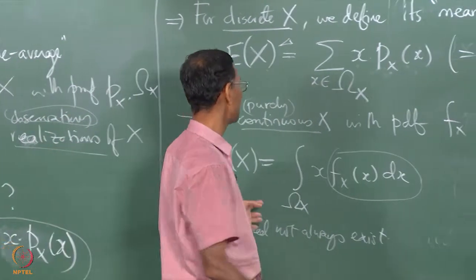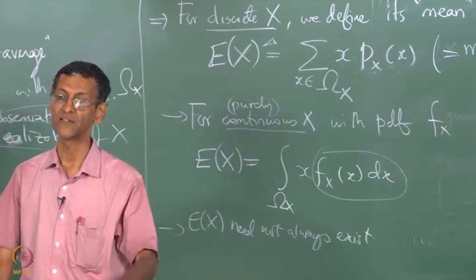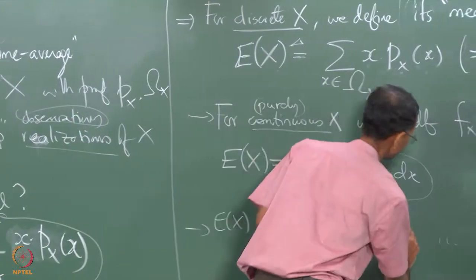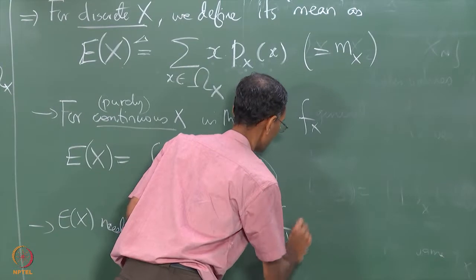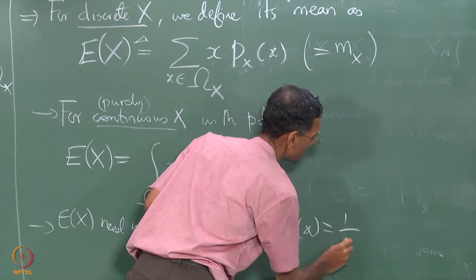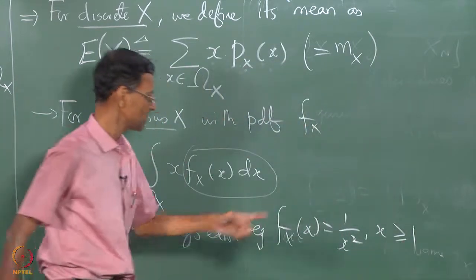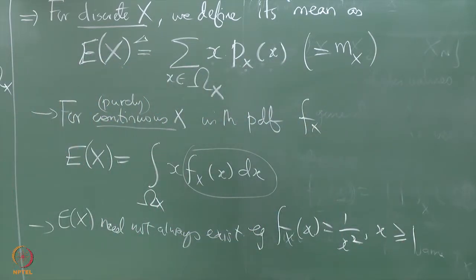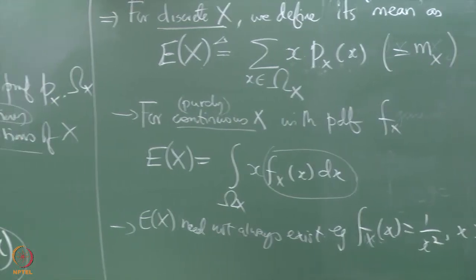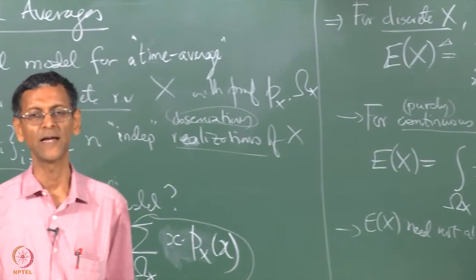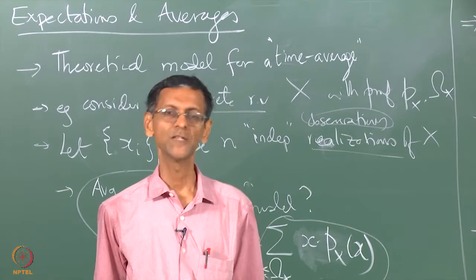One of the simplest examples is to take the 1 by x squared PDF, 1 by x squared for x greater than 1. This is a valid PDF. How did we get this? We got this by taking a uniform random variable from 0 to 1, U(0,1), and taking 1 by x. That had this PDF 1 by x squared.